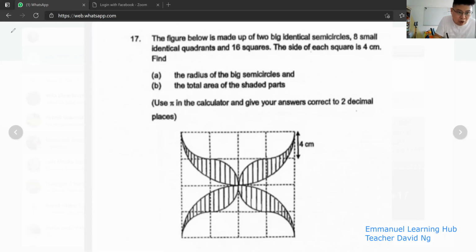So your answer for A would be 4 plus 4. Radius of big semicircle. I'll just type it out, it would be better.